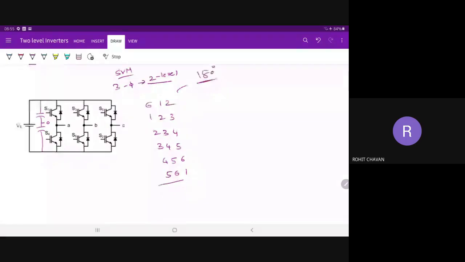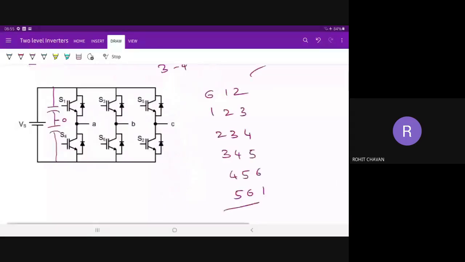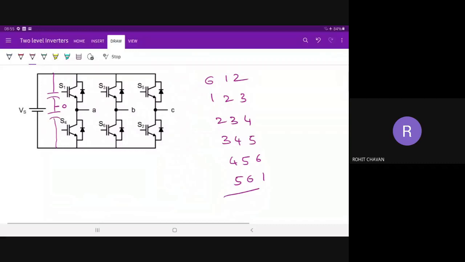So let us assume that we will define two switching terms: one is P, positive, and the other one is N. The P switching state may be 1 or 0, and the N switching state may be 1 or 0.